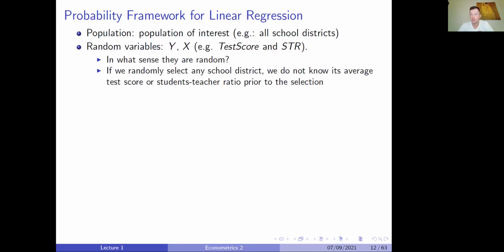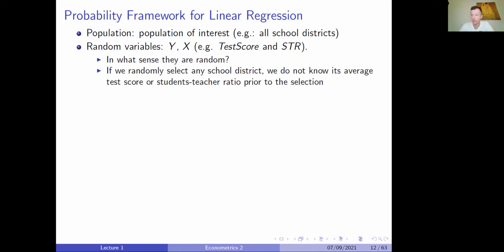They are not random in the sense that they occurred randomly, but they are random in the sense that when we collect the data, we do not know the outcome for each district before we ask them. The same story, for example, if I randomly call some telephone number, I don't know who is there.